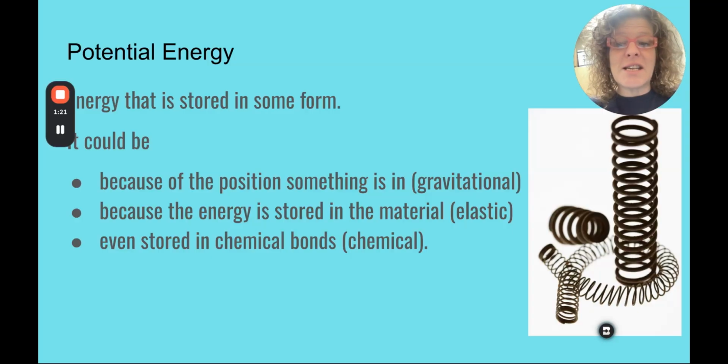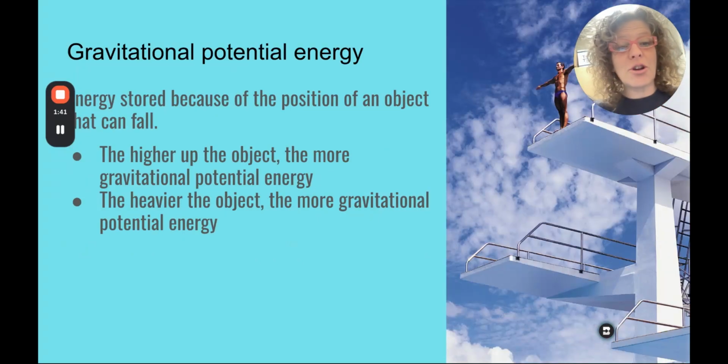So the potential energy is stored in the material. That's elastic potential energy. It can even be stored in chemical bonds. When you have a bonfire, the heat energy that you're getting, the heat and the light that's coming out, is releasing chemical bonds.